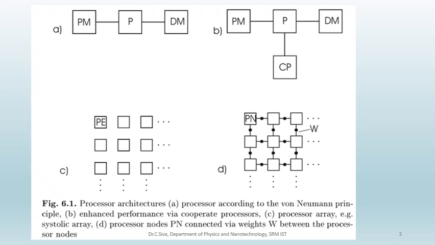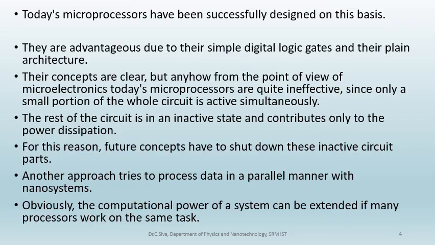The rest remains idle but still consumes leakage power. We can understand this from our regular devices: a camera that is switched on has to be shut down if you go for other applications where the camera is not useful. This inefficiency becomes more pronounced at nanoscale, where leakage power increases. Hence, future designs must dynamically power down inactive regions or transition to massively parallel nanosystems where many small processors share workloads simultaneously.